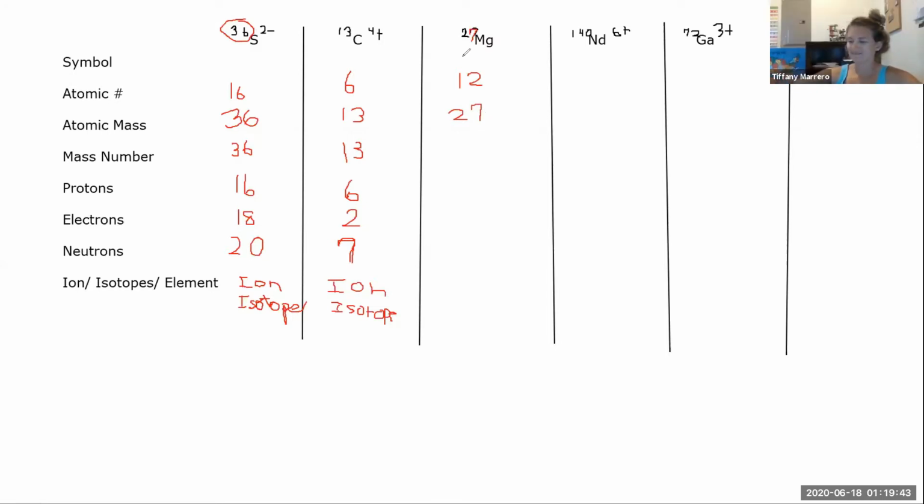So Maria, the new mass is going to be what's listed over here on the left-hand side. If it's superscript, meaning it's above, then it's going to be your new atomic mass. And it's also going to be your what? Mass number.